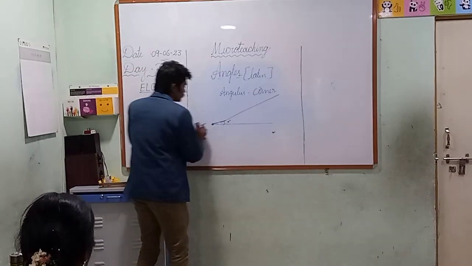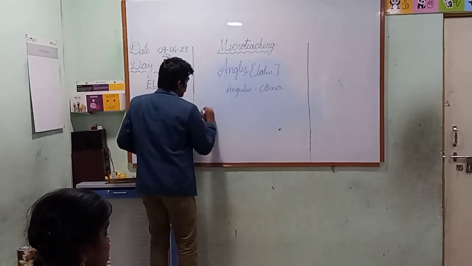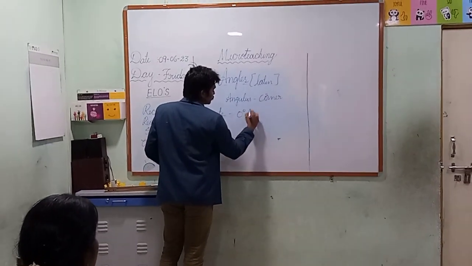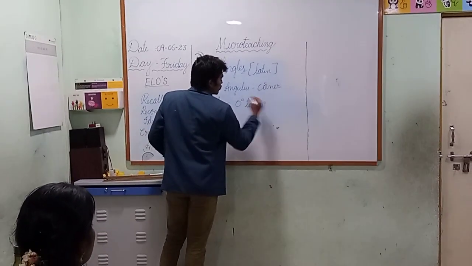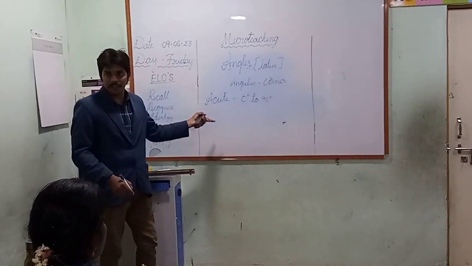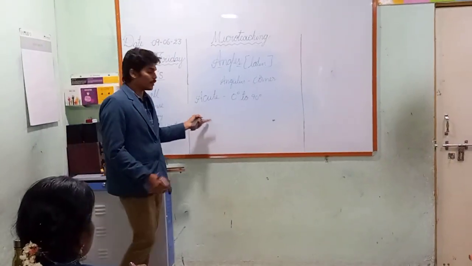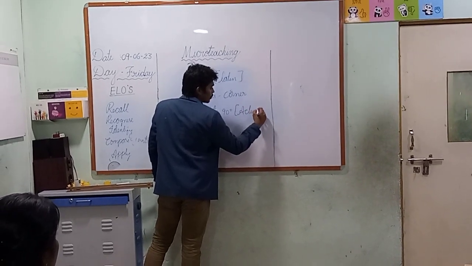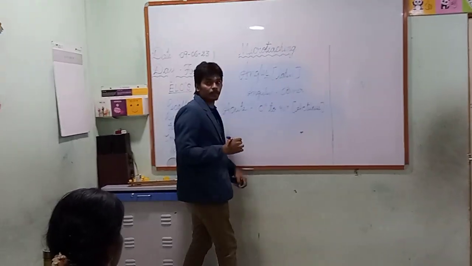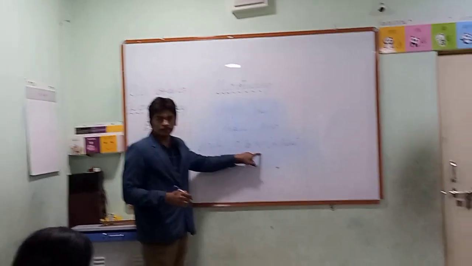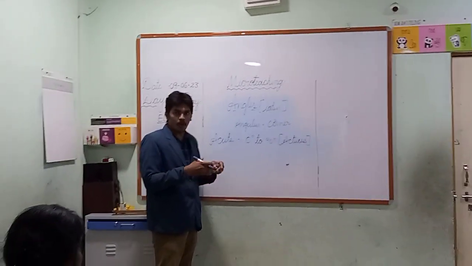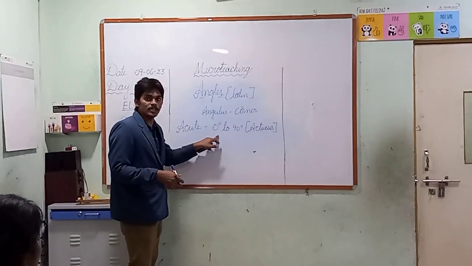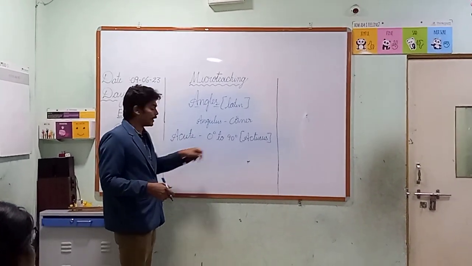Acute is also a Latin word, acutus, which means sharp. You can see here, it is sharp, no? It looks small and acute, right? So an acute angle lies between 0 to 90 degrees.